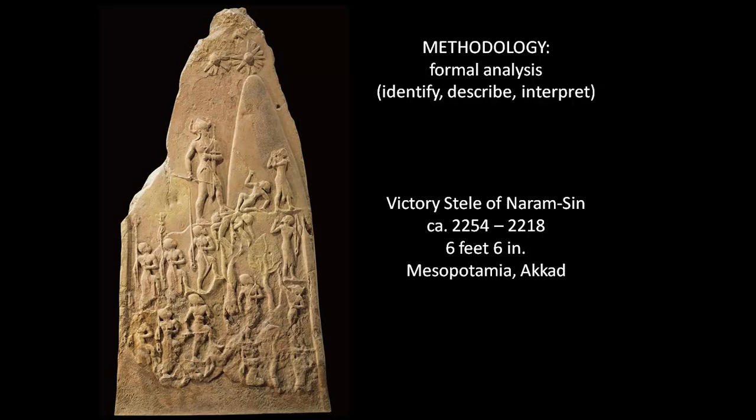Okay. The one thing I like about formal analysis is that the steps are laid out for us. This little roadmap: identify, describe, and interpret. This roadmap is helpful because it forces you to engage with the image at a slower pace. You really can't rush art history.